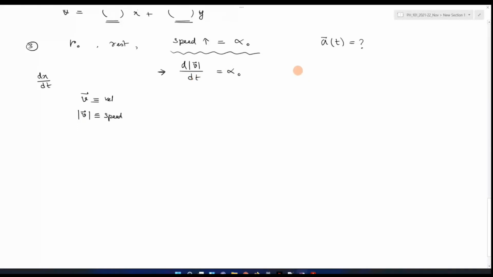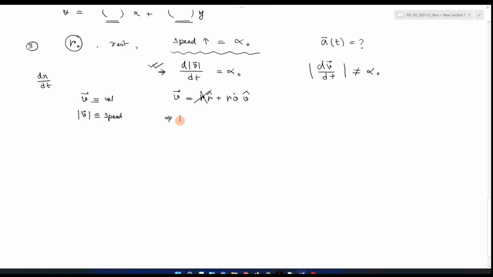So don't write it like this, okay? The magnitude of dv by dt is not equal to alpha 0; what is given to us is d|v| by dt equal to alpha 0. Now v is r dot r cap plus r theta dot theta cap. But in this problem the radius is constant, so the first term becomes 0.